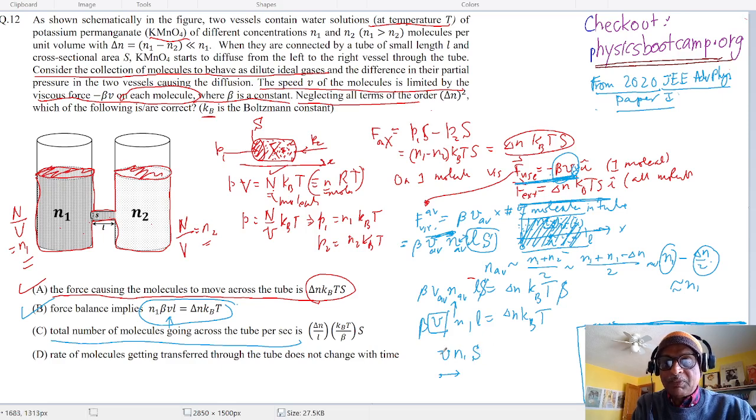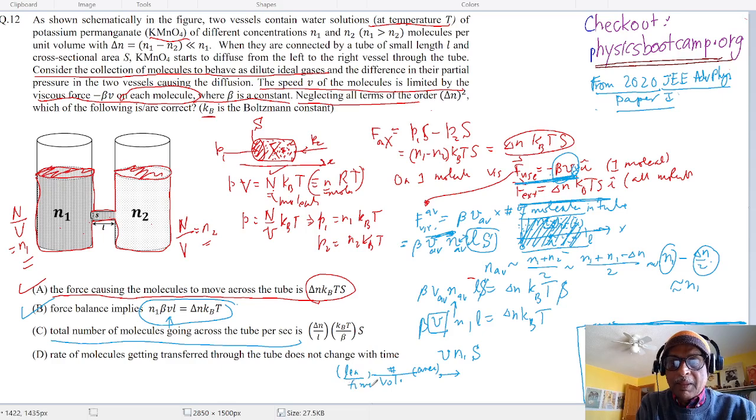If you look at all of this, look at the units: number over volume, and this is area of cross section times length over time. So this is the number per unit volume times this length that got calculated.